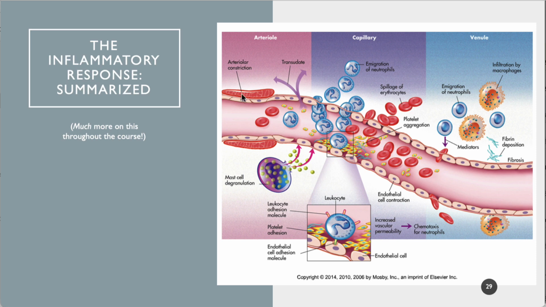So there's arteriolar constriction to limit blood loss, right, at the site of the injury, at the arterial side of the injury. And then there's this transudate or leaking of the plasma that comes out into this tissue as a result of the histamine release and the prostaglandins that tell the body to release these things into the bloodstream.